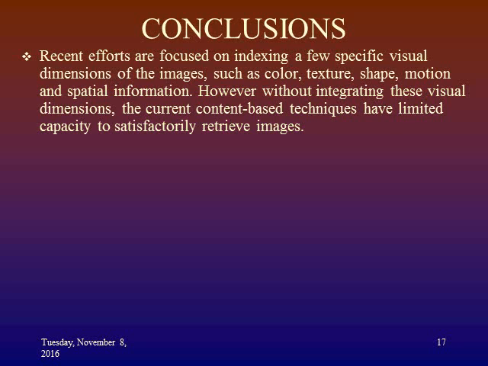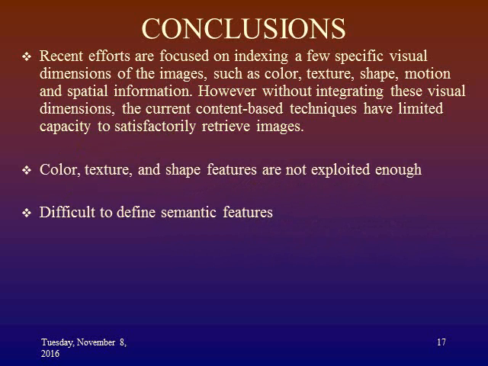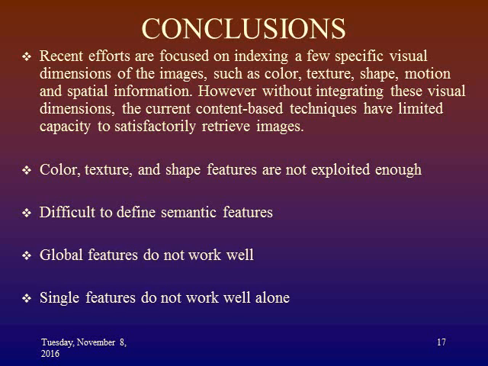So we just need to add these visual dimensions to improve the capacity to retrieve images satisfactorily. Color, texture and shape based features are not exploited enough, it is difficult to define semantic features, and global features do not work well. Single features do not work well alone.